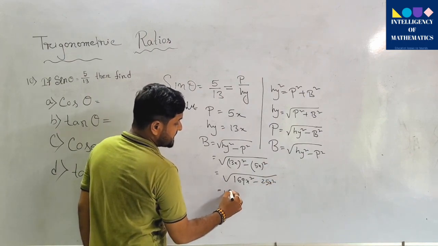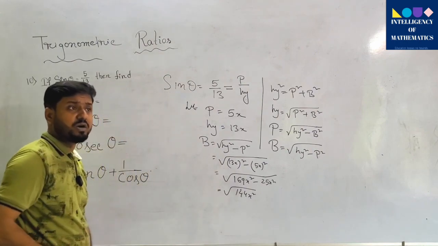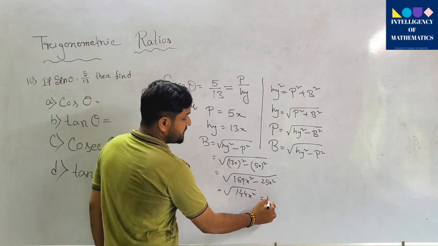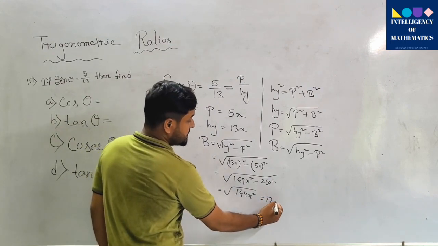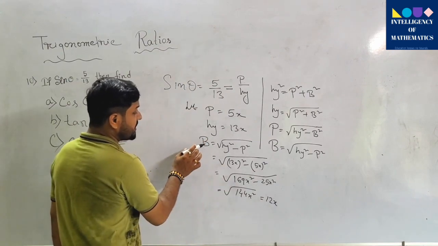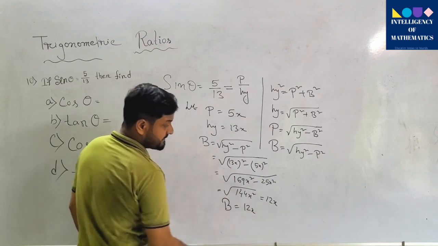If you calculate, you get root over 144x square. The square root of 144 is 12, and the square root of x square is x. So finally the base is 12x.